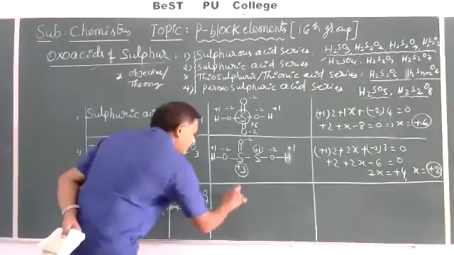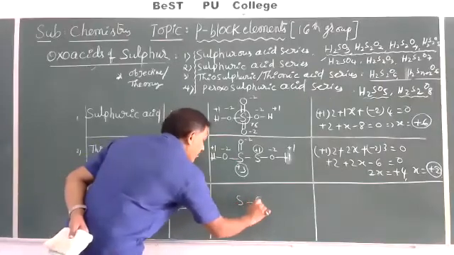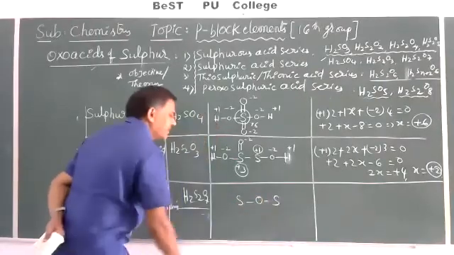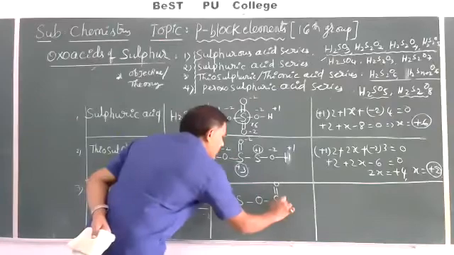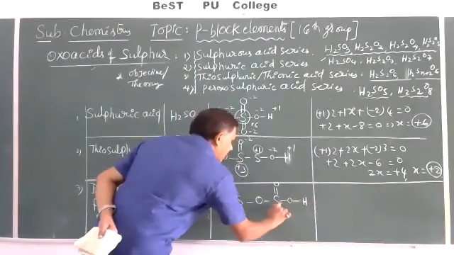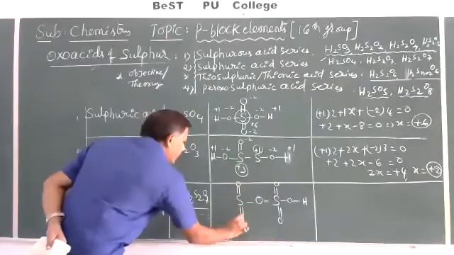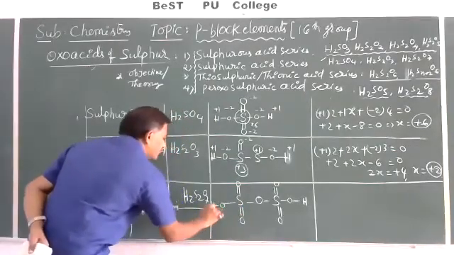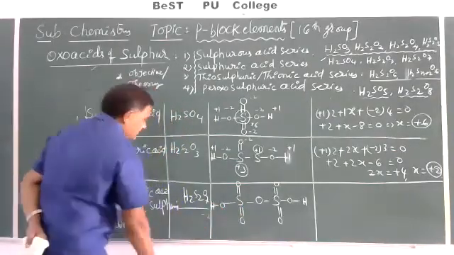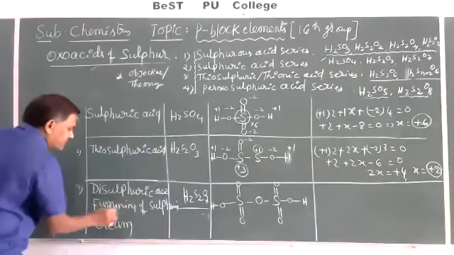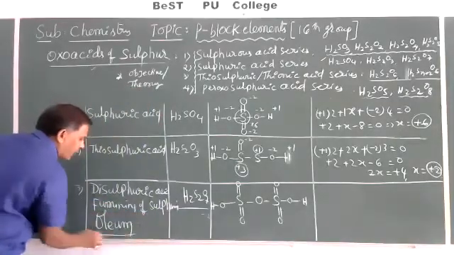Now here we can take sulfur, oxygen, sulfur. Now this has a double bond O and OH, and here double bond O, double bond O, and OH. This is called disulfuric acid, or fuming sulfuric acid, or oleum.